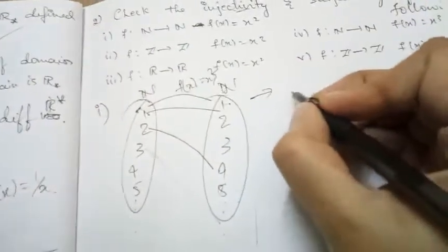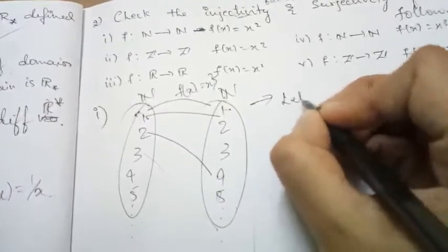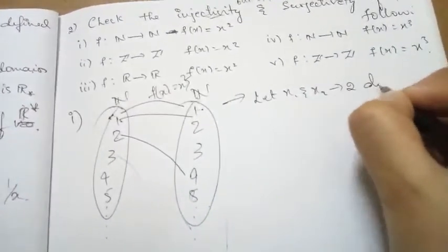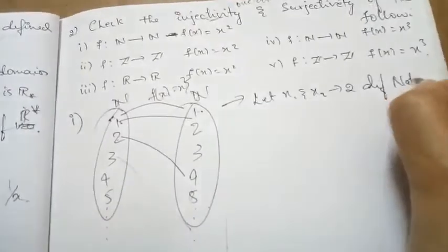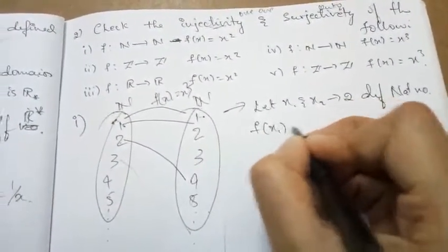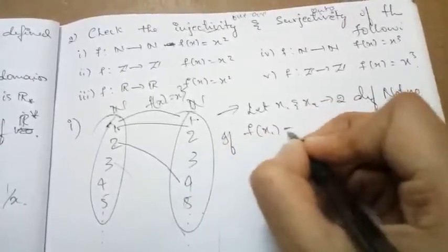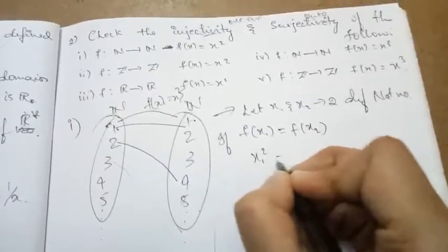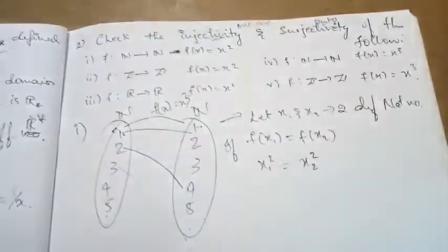Now you need to write it verbally. How? Let x1 and x2 be two different natural numbers. If f of x1 is equal to f of x2, so f of x1 becomes x1 square, f of x2 becomes x2 square.